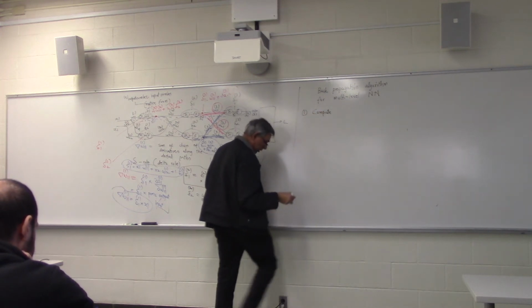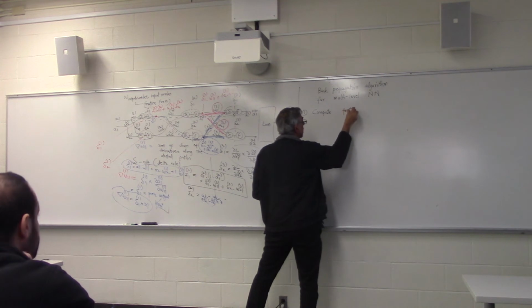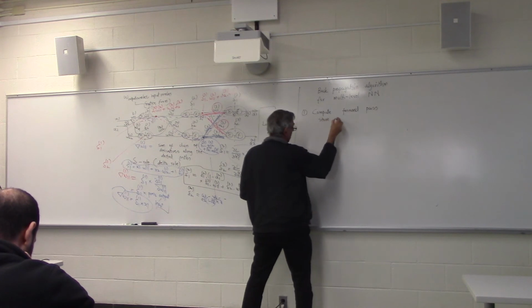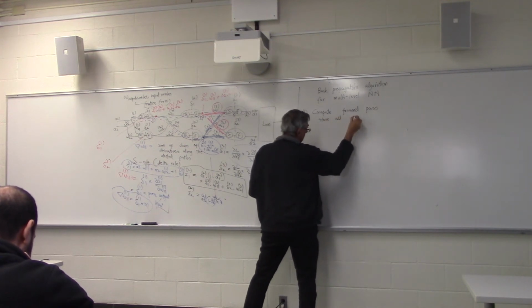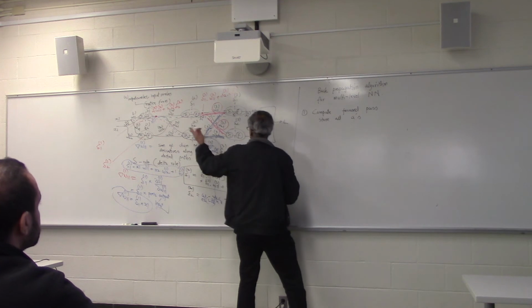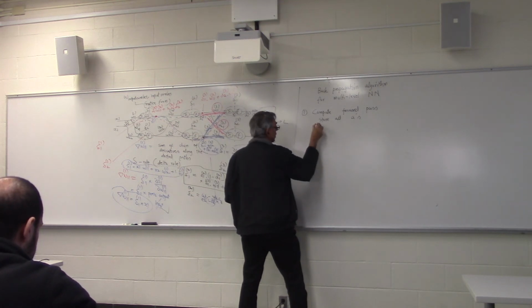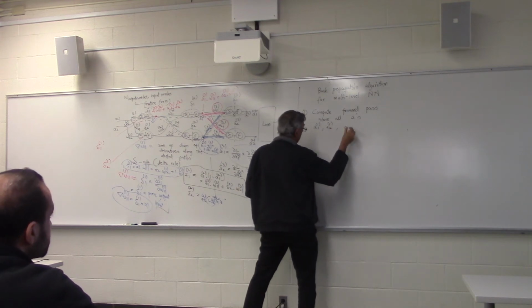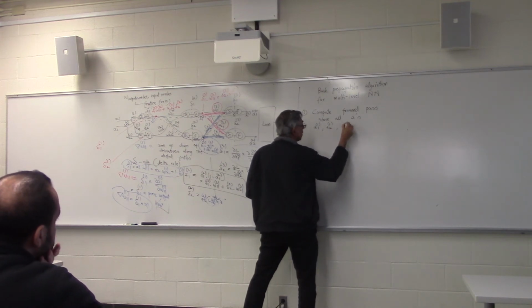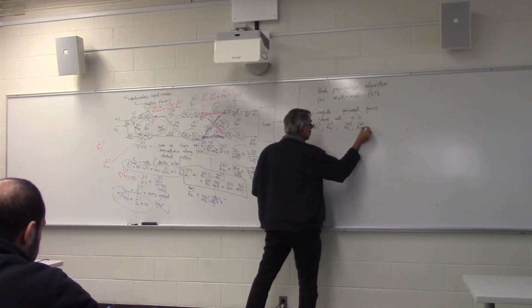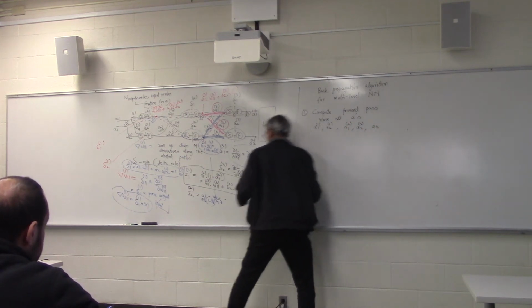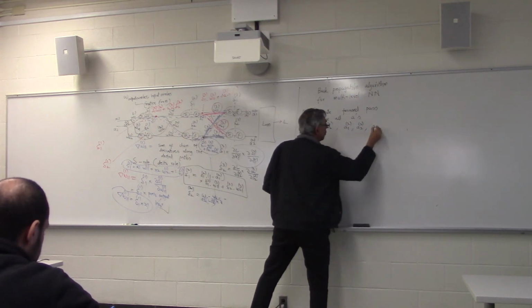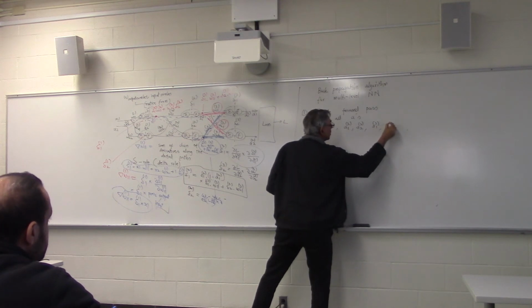So first compute the forward pass. Meaning, in this particular example, you will store a1 of 1, a2 of 1, a1 of 2, a2 of 2, a1 of 3, a2 of 3.